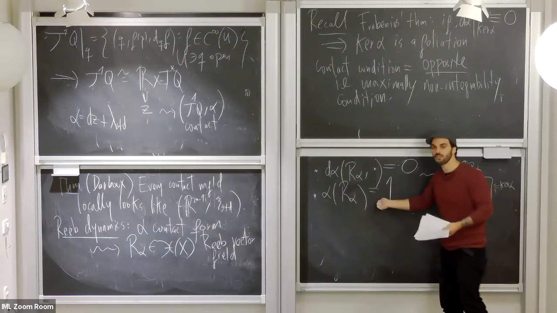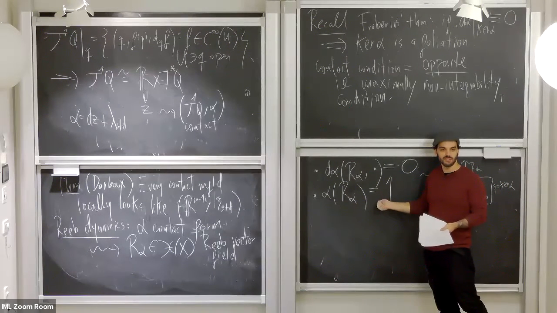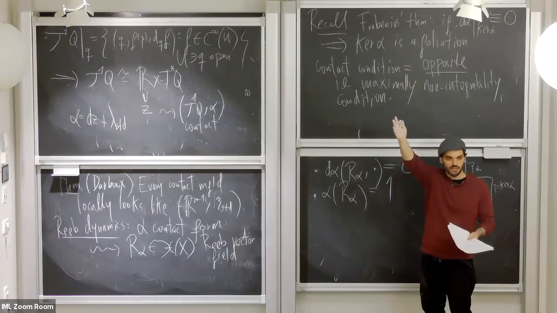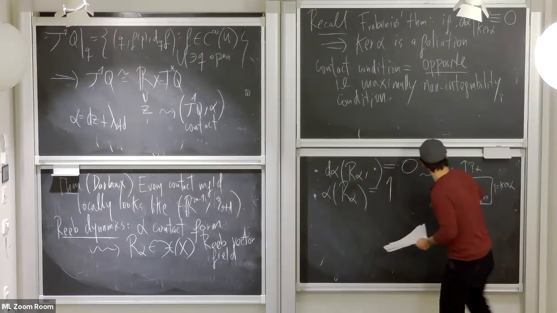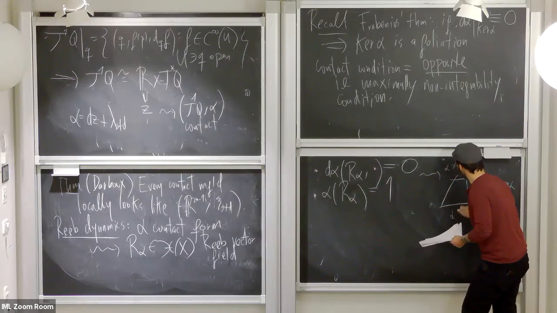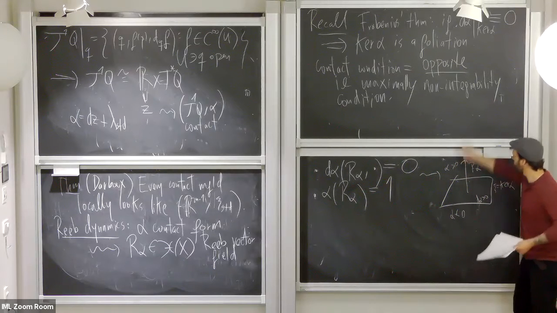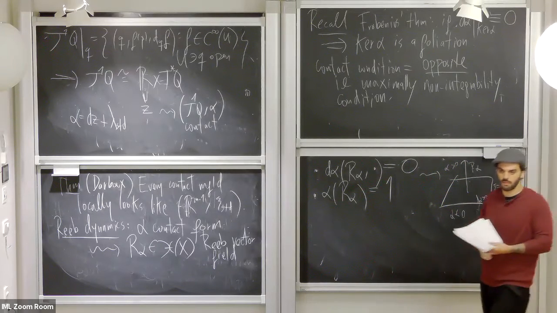And the second condition is a normalization condition. So I just pick precisely the direction given by the co-orientation given by alpha. So this is alpha positive, here is alpha negative. I'm sort of normalizing my vector field to point transversely.